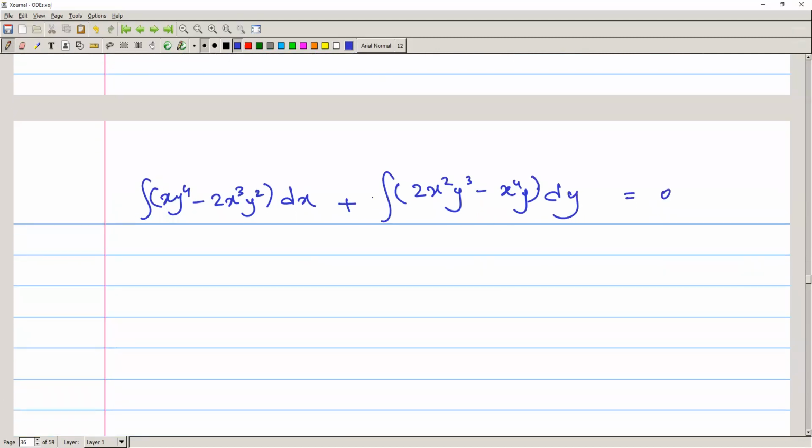And we know that for the exact equation, every term of N where x is involved is dropped, so this will be 0. And here y is constant, so it will be a constant, and we can simply integrate.